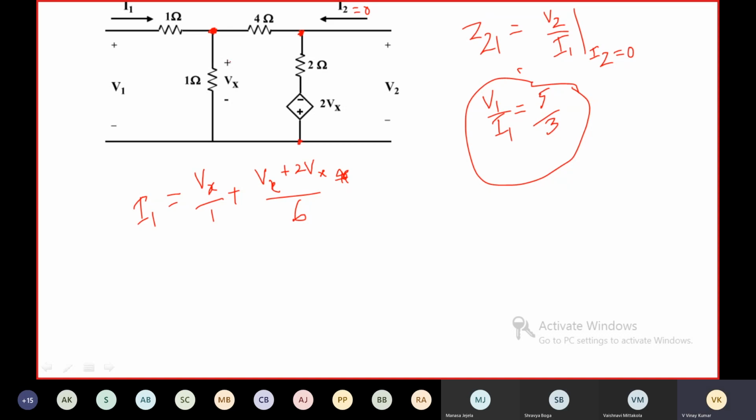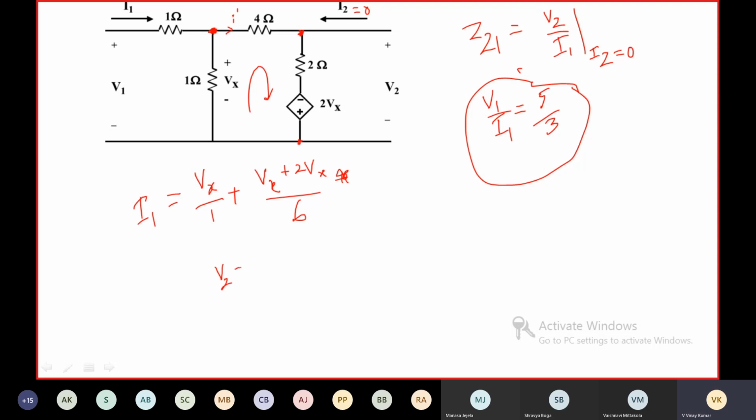Here you apply KVL around this loop. Let I dash be the current going through this.